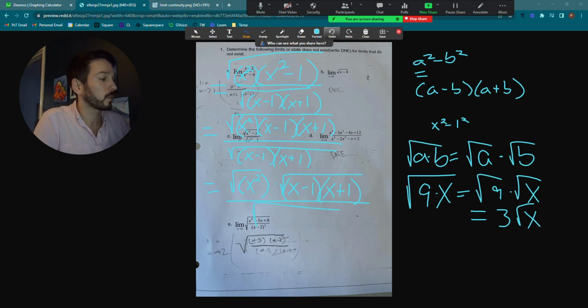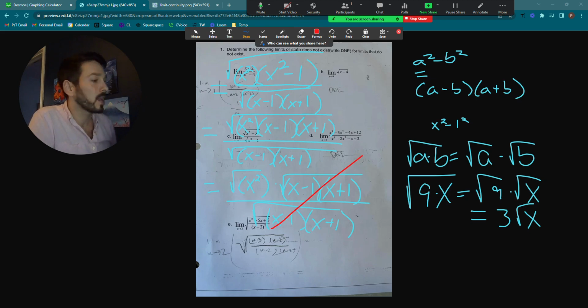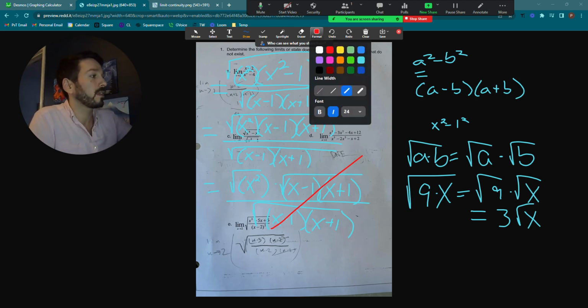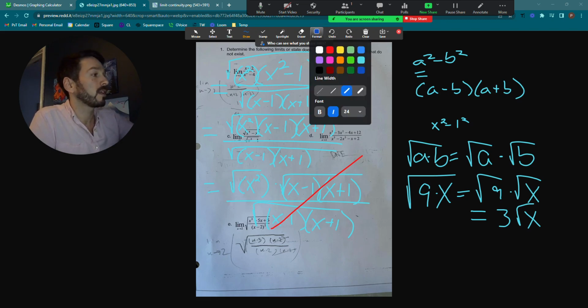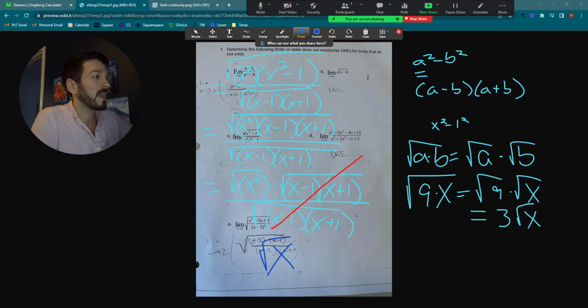The square root of x minus 1 times x plus 1. Those two things are the same, so they cancel, and we're happy about that. Yay. Okay, now we're just left with the square root of x squared. Well, the square root of x squared, that's just x. We've now simplified it, and we now no longer have any fraction.